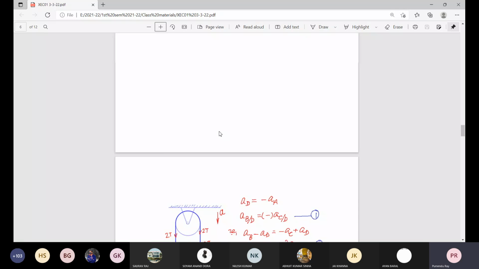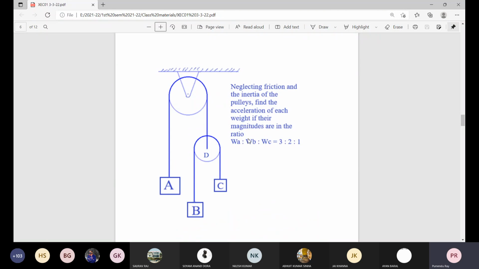And from simple kinematics, a_A and a_D will be related by this expression.